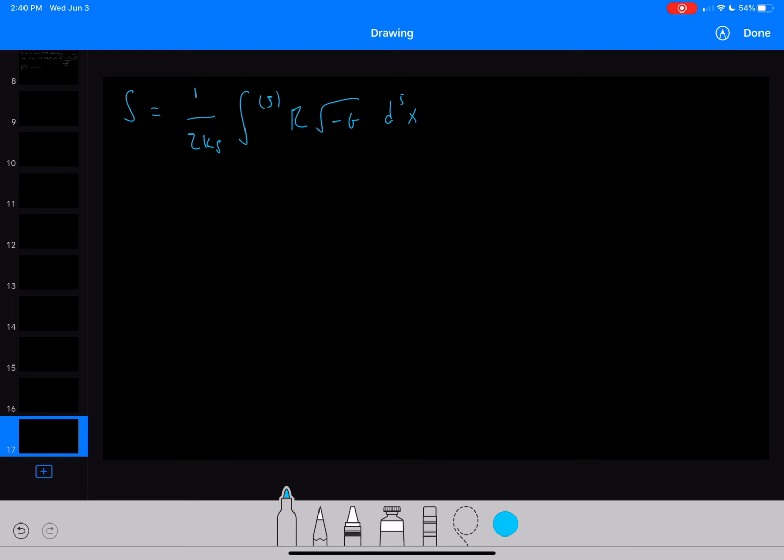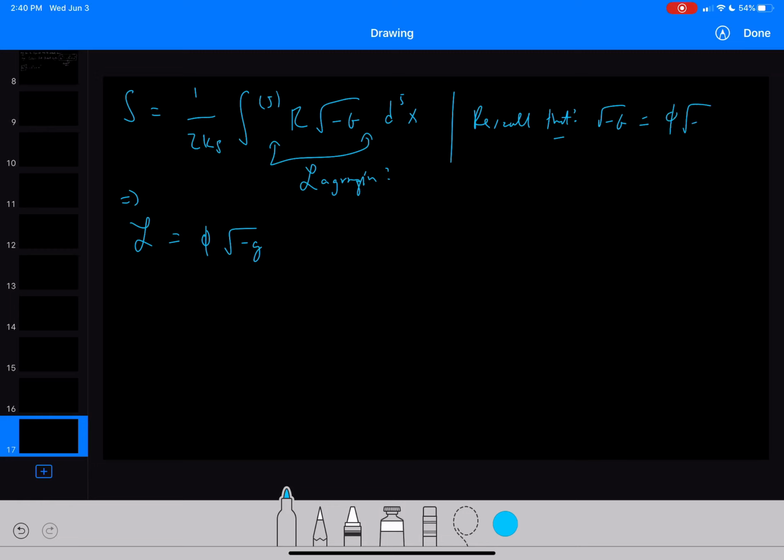So our Lagrangian for our theory is given by, and to write this expression, recall that the determinant of my 5D metric is given by phi times the determinant of the projection tensor, or the 4D metric.